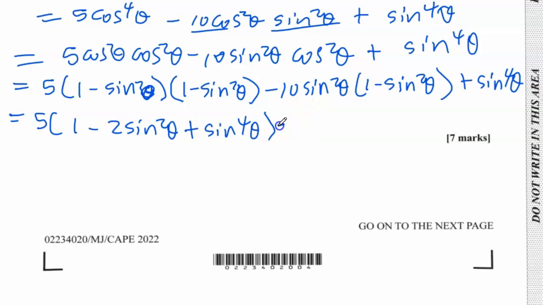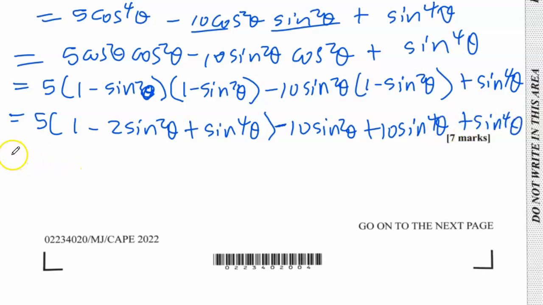So we have minus 10 sine squared theta, plus, and minus 10 times minus sine, so it'll be plus 10 sine to the 4th power theta, plus sine 4th power theta.